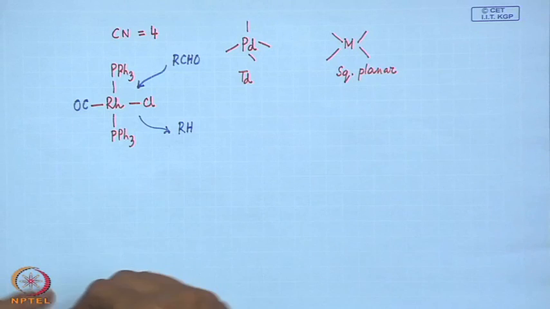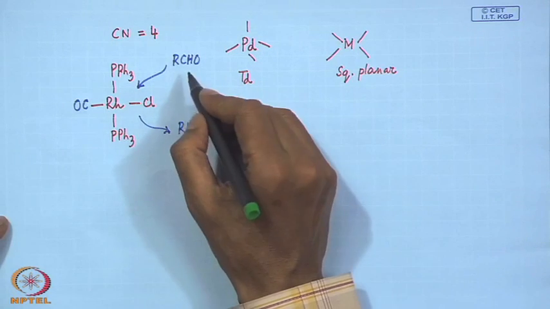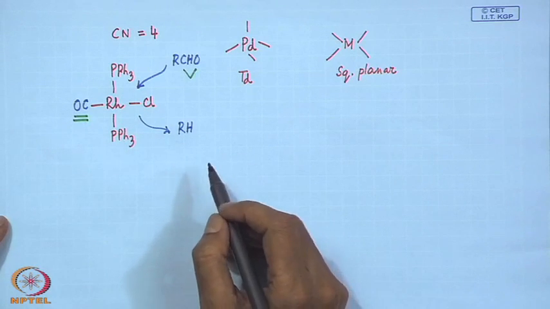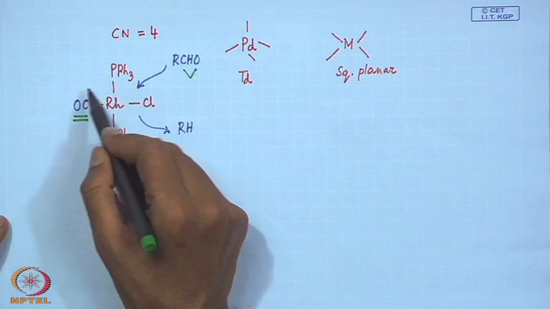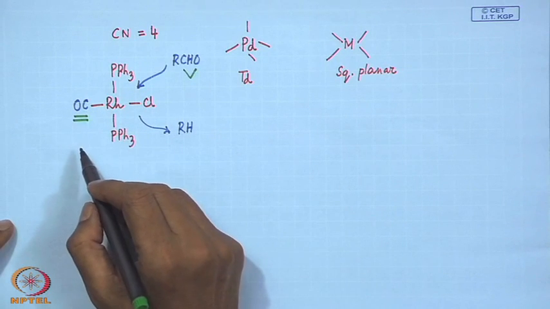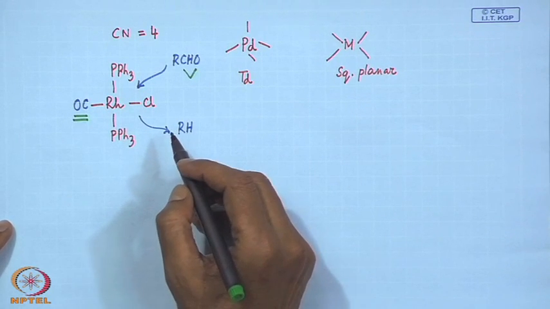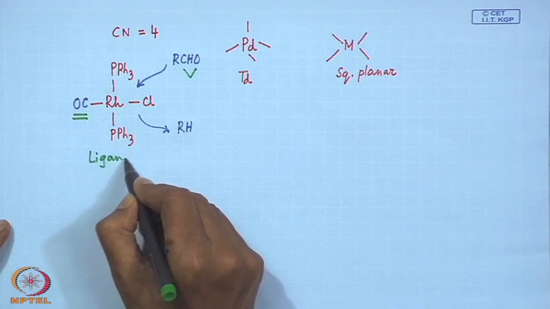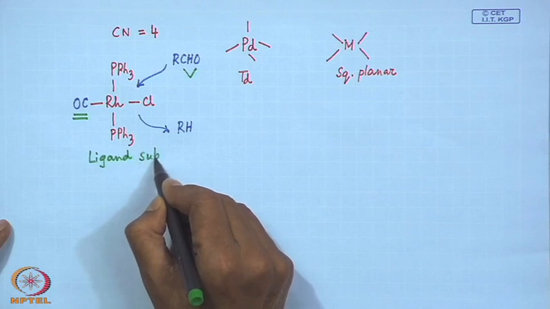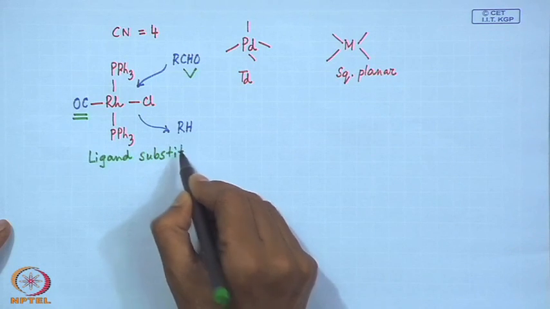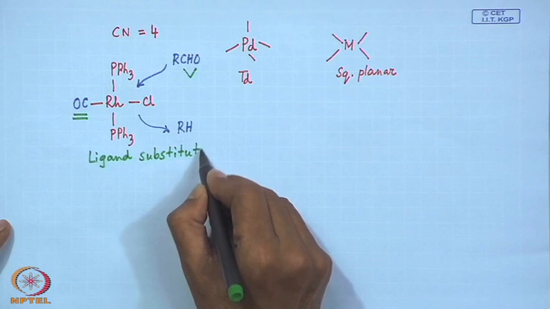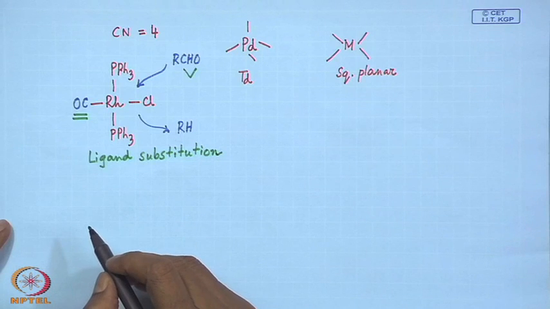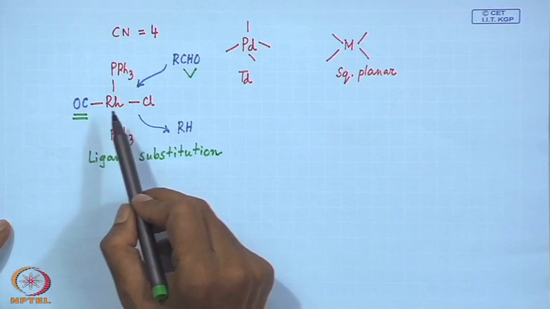That is why it is taking away the carbonyl function as the corresponding CO molecule, and this triphenyl phosphine is leaving away. So, it is basically a ligand substitution reaction, which is nicely taking place on this system.